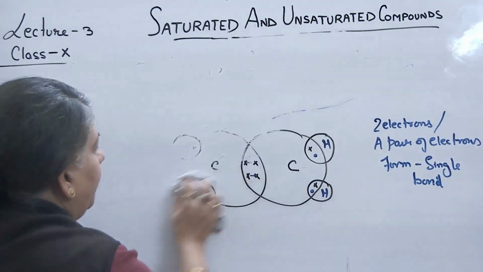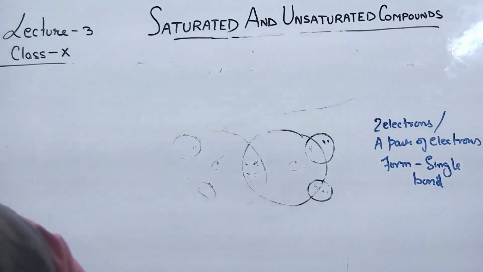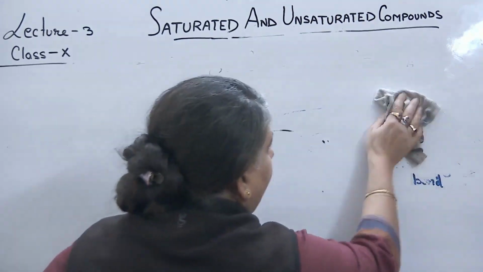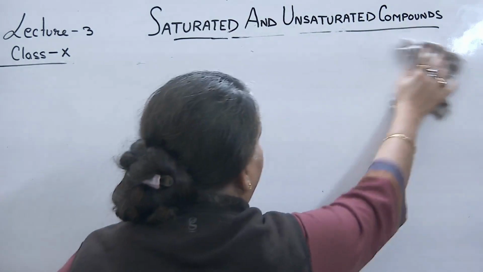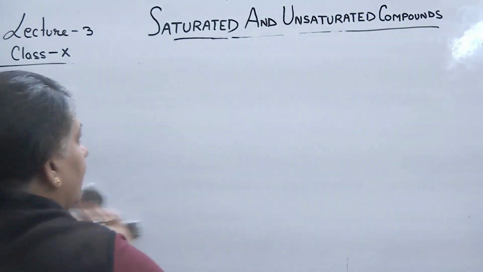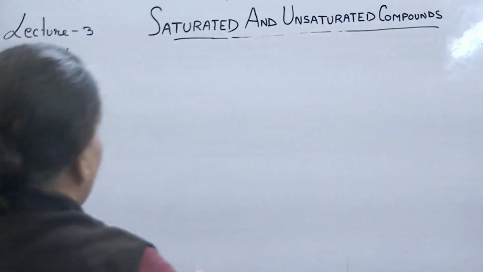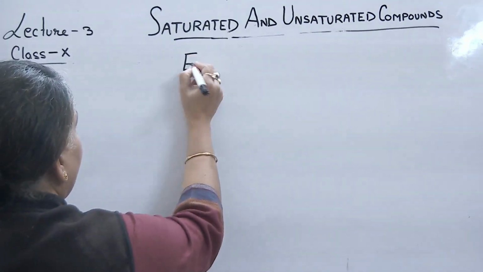See, the more you practice, the more proficient you will become in writing and drawing the diagrams. And this is one of the easiest chapters in chemistry, you just understand once and keep practicing. See, ethyne.